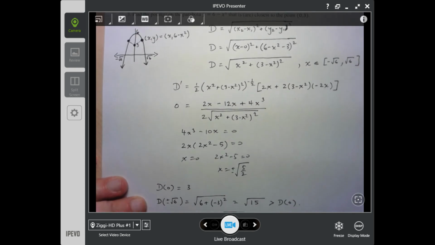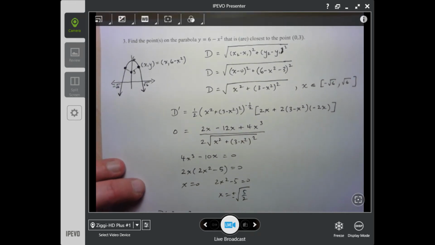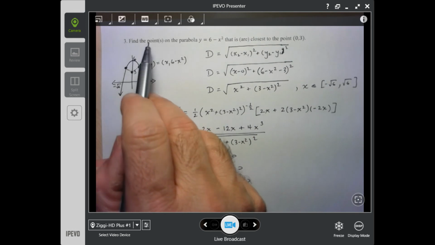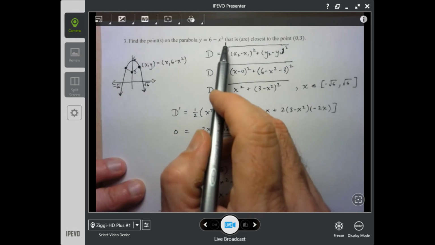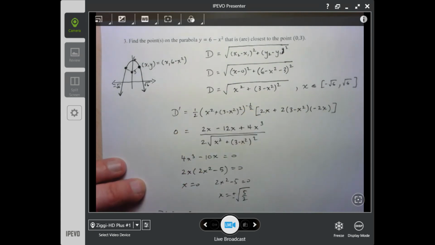And let's take a look now that we've determined where our optimal values occur. In this case here are minimum distances. Let's go see what question they ask us. And here they say find the point or points on the parabola that are closest. So we have the x values, we just have to find the y values.